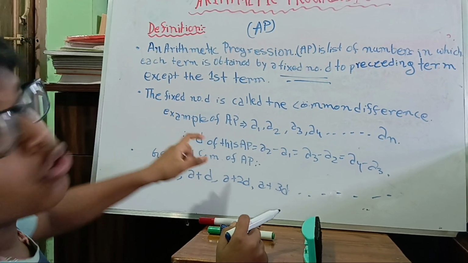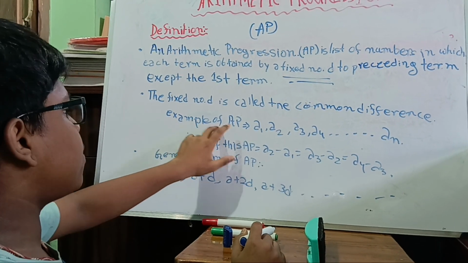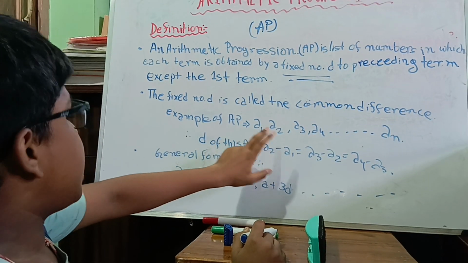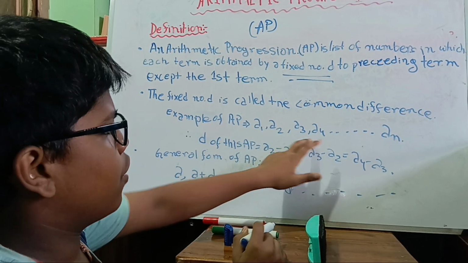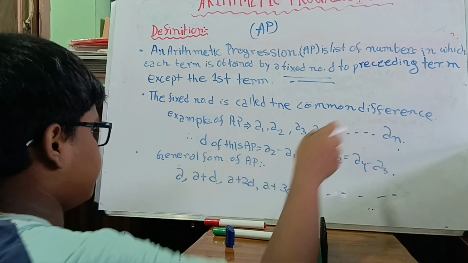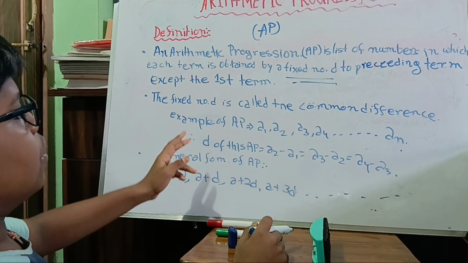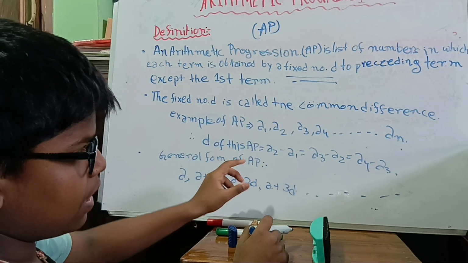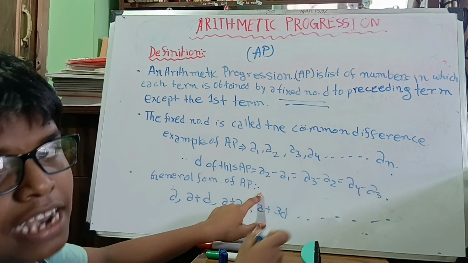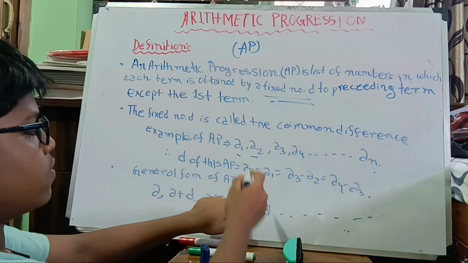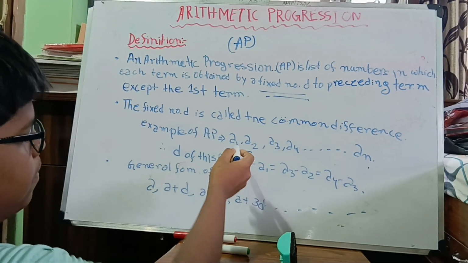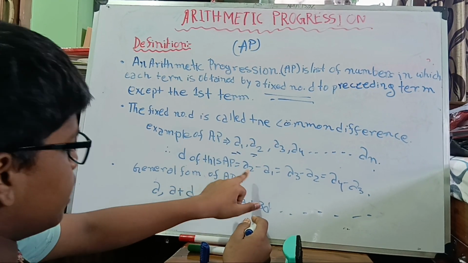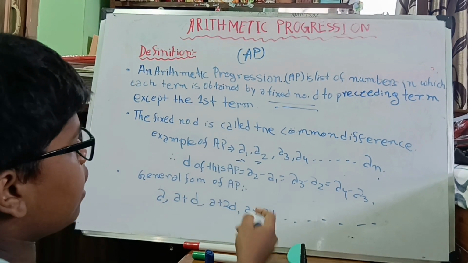Example of an AP: a1, a2, a3, a4, up to the nth term. The common difference d of this AP is a2 minus a1, that is, the succeeding term minus the preceding term.